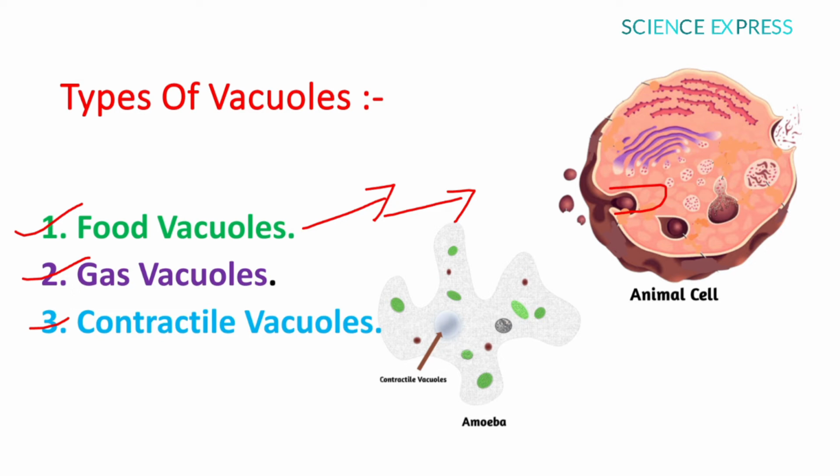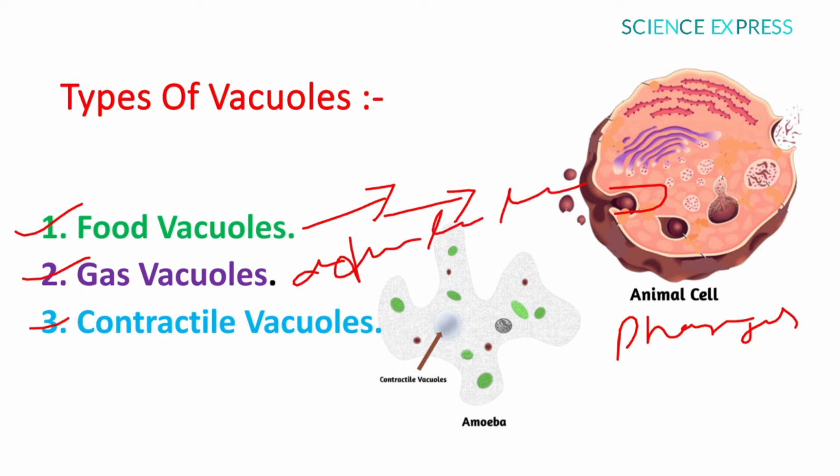It consumes a food particle through the food vacuole, which is called a phagosome. In the case of the gas vacuole, it is found mainly in aquatic plants for the purpose of flotation. Another one is the contractile vacuole, found in the amoeba cell, mainly for the purpose of osmoregulation.